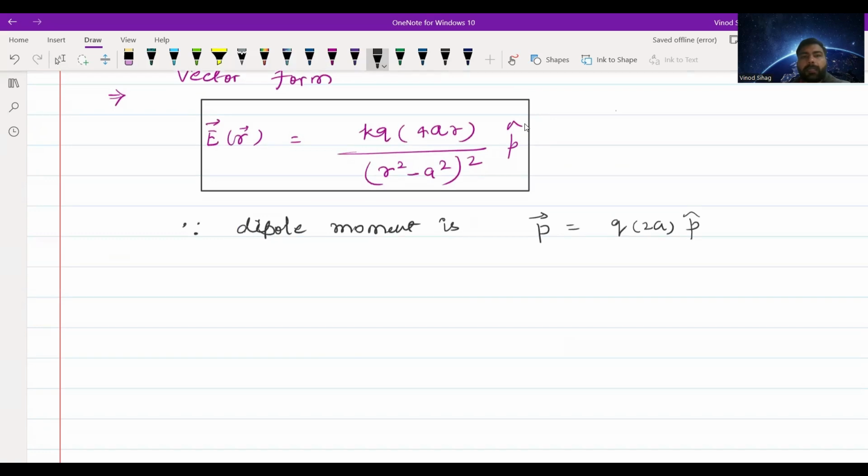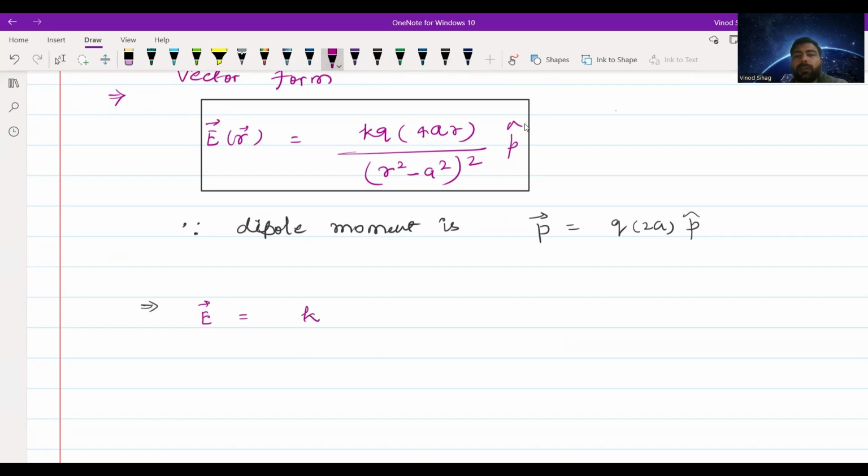So this quantity from the above given format will be written as E vector equals k.